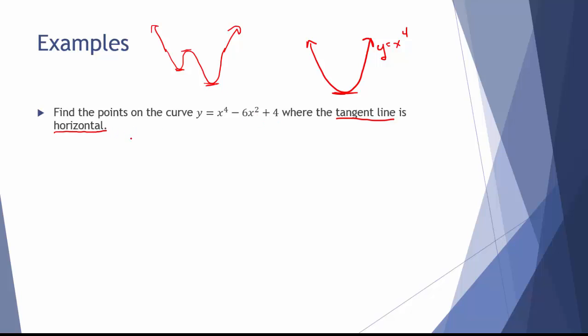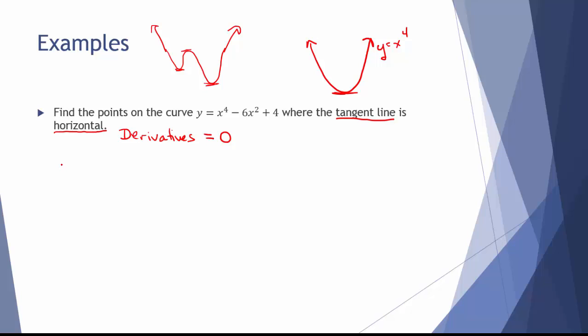So in other words, this is asking you, when do you have derivatives, slopes of tangent lines, equal to 0? So finding where tangent lines are horizontal is equivalent to finding where your derivatives are equal to 0. And if you want to know where something is equal to 0, set it equal to 0.